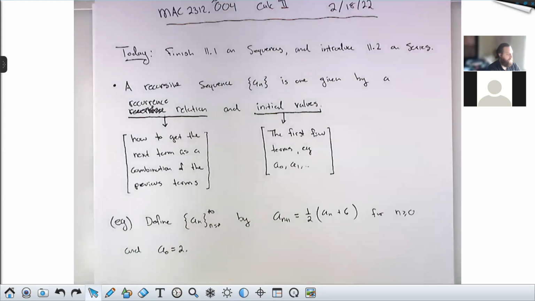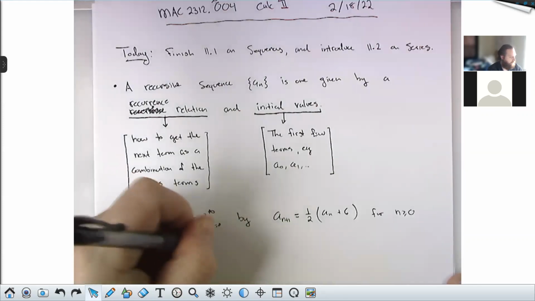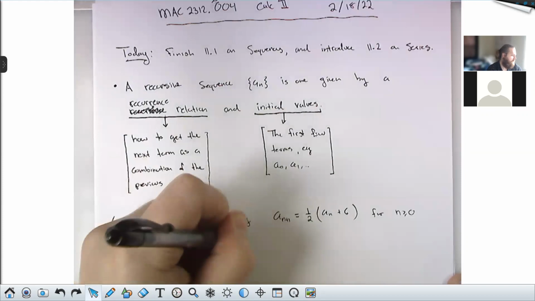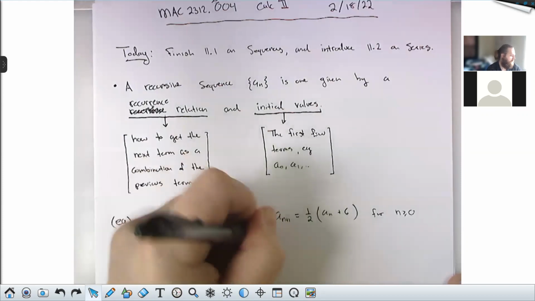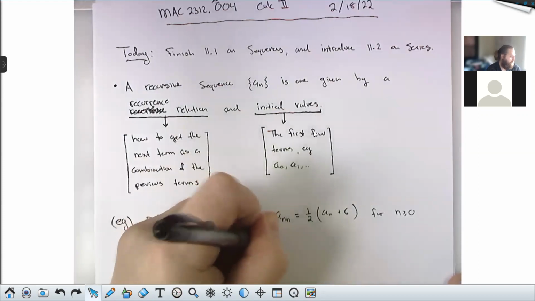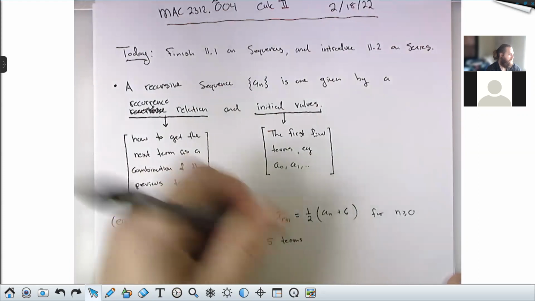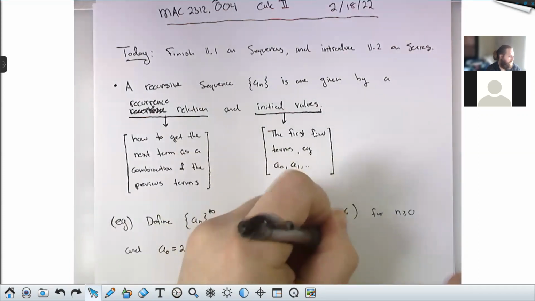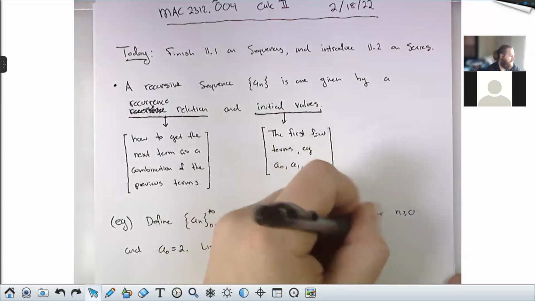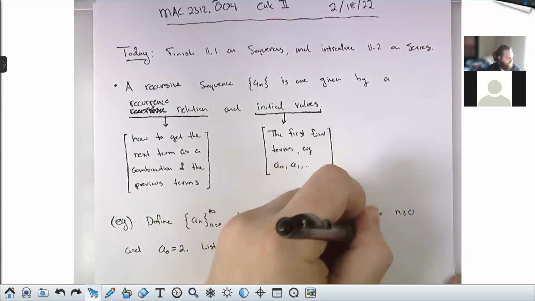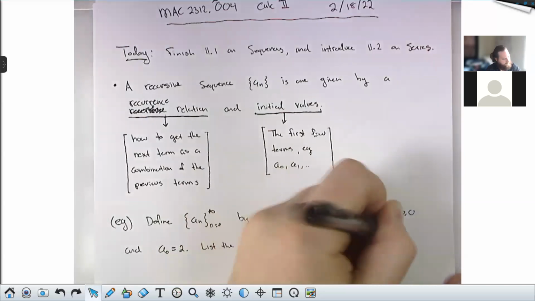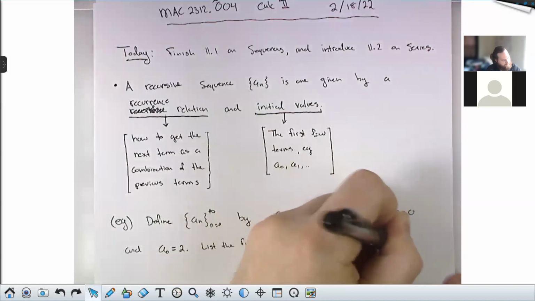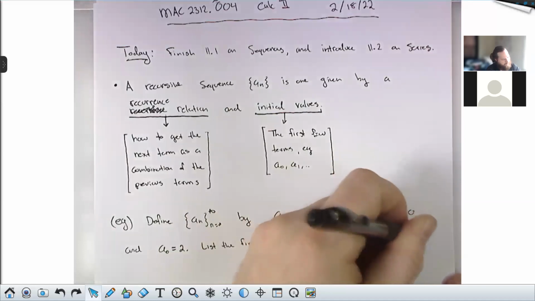The task here is going to just be to list the first 5 terms and guess at the limit.